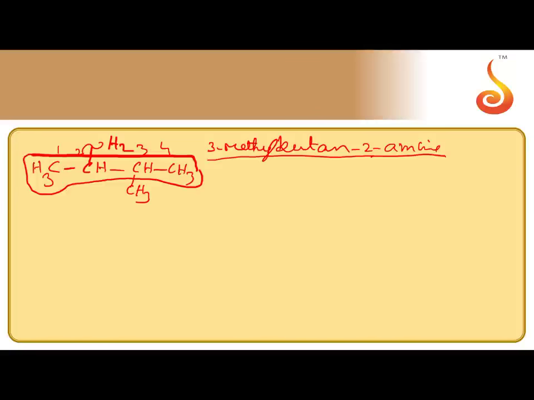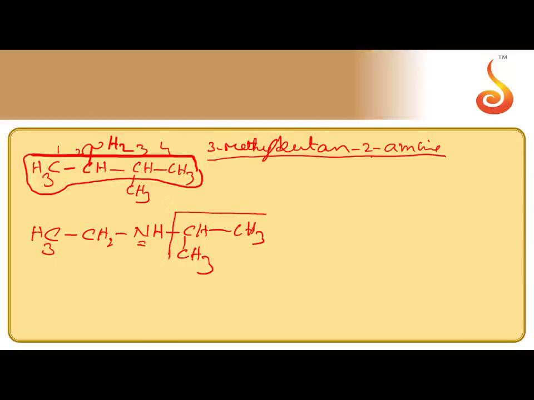If it is a 2 degree amine, CH3CH2NHCH(CH3)CH3. This is a 2 degree amine because N is attached to 2 other carbons. At this time you select the main carbon chain, the longest carbon chain containing the highest number of carbons.